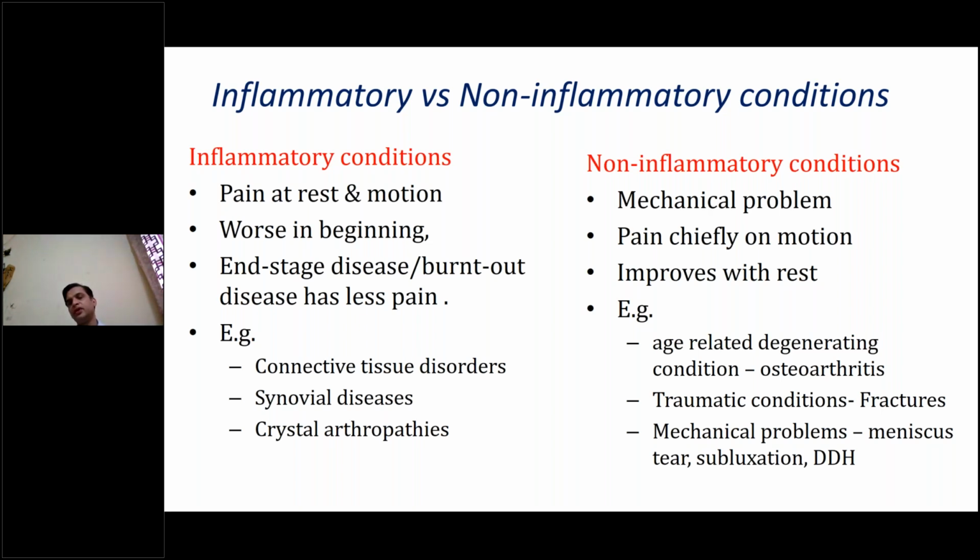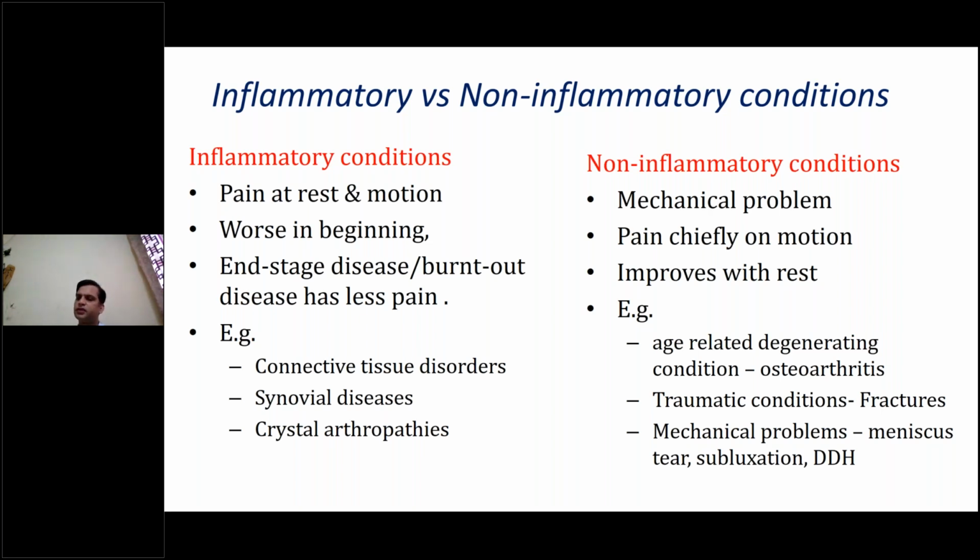While the non-inflammatory conditions have a mechanical problem. For example, in any joint there may be say a foreign body, ligament injury, meniscus injury in the knee also.